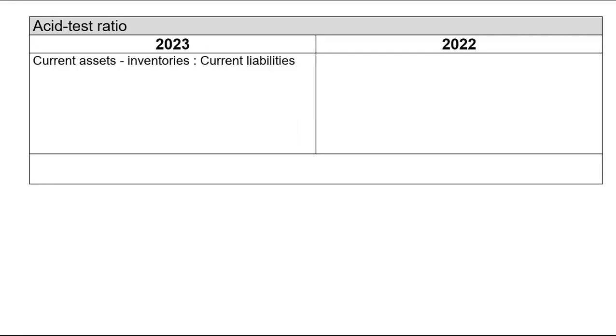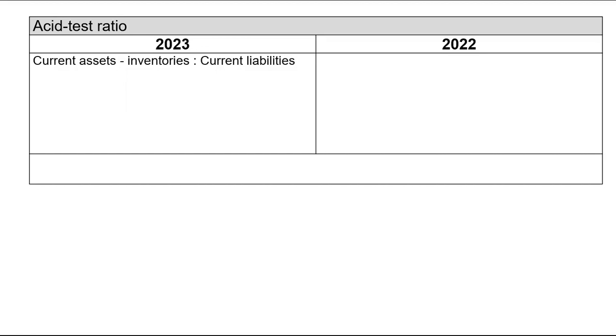Remember, this ratio specifies whether you would be able to settle your current liabilities if you didn't have inventories, if you didn't have trading stock, which is what a lot of businesses were facing during the COVID-19 era, where a lot of businesses were not selling and had to close down because there were no alternative ways of making money.